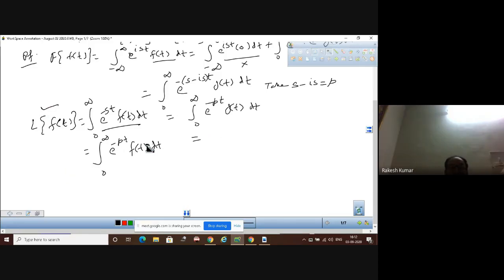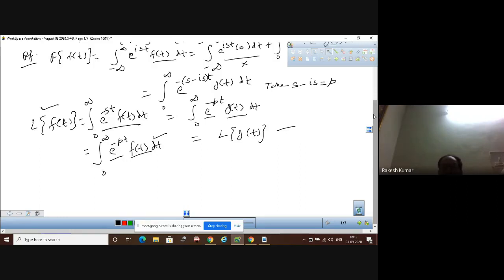Now by using this definition, here e raised to power minus pt is there, but in place of f of t we have g of t. So by the definition, that should be equal to Laplace of g of t. So this is the relationship between Fourier transform and Laplace transform. Always remember that the Fourier transform of a function of t is equal to the Laplace transform of another function g of t.